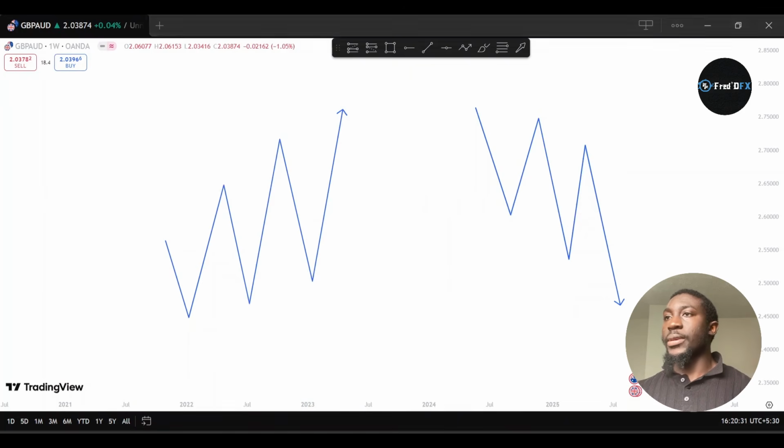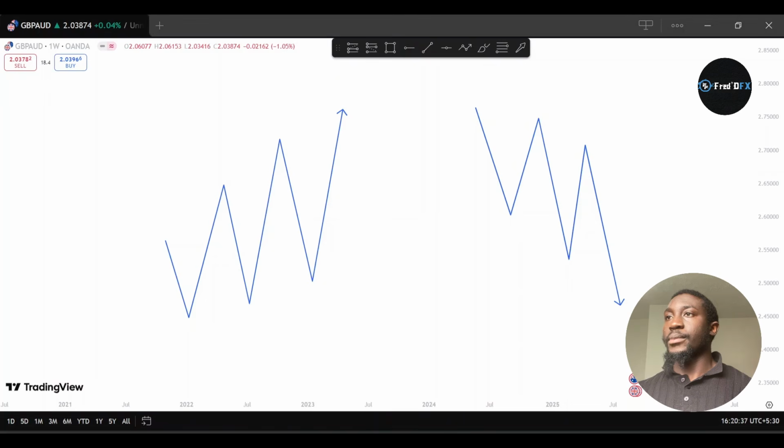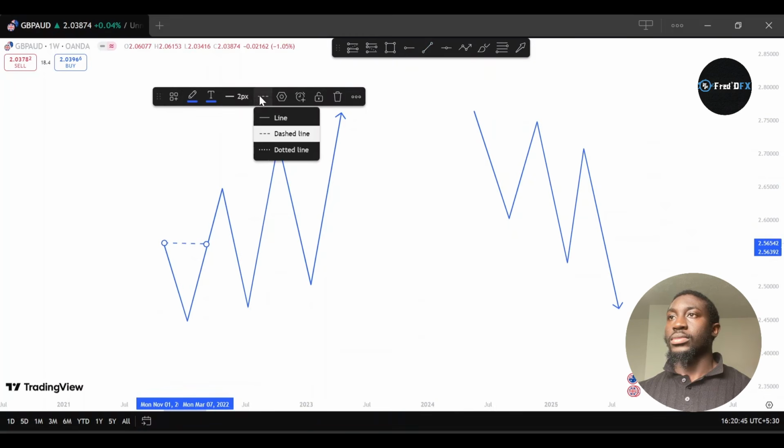Then the second step is to wait for a break of structure, which is your BOS. Where is your break of structure? This is your break of structure, and this is your break of structure.